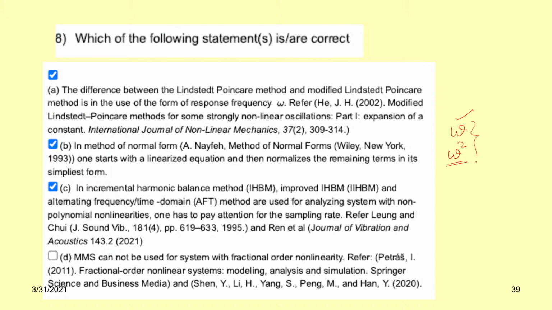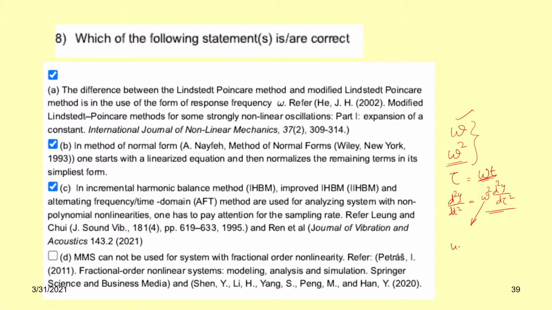For example, take tau equal to omega t, the non-dimensional time, with omega in radian per second and time in second, so the seconds cancel and this becomes non-dimensional. Then d square y by d t square will be equal to omega square d square y by d tau square. So this way you can write, and this omega square term you have to expand.